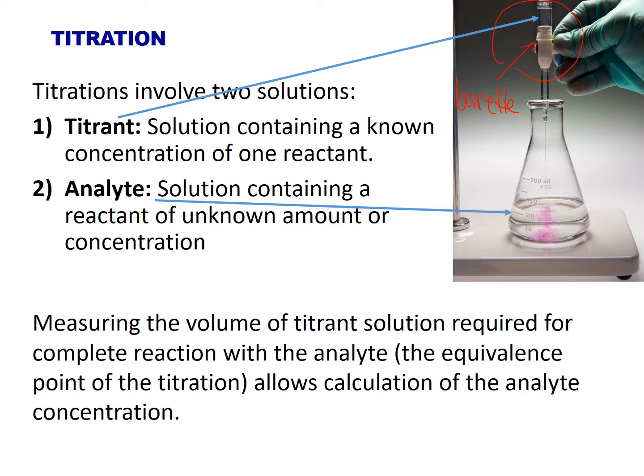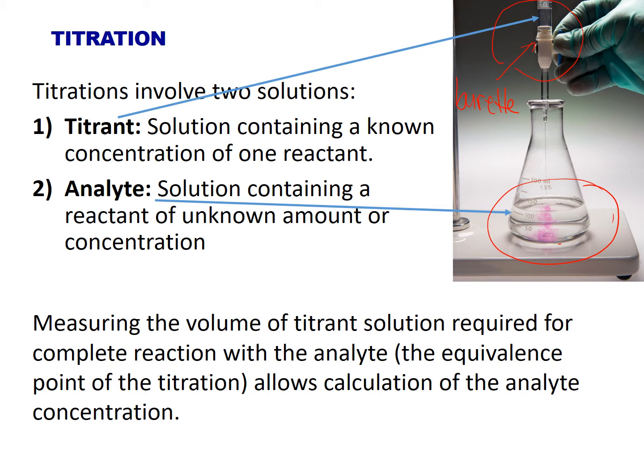Every time you have two solutions that are colorless, so here, while it's not shown, this is more likely a base that is colorless, and on the bottom you have an acid that is colorless. When two colorless solutions mix, often the outcome is going to be another colorless solution, which then does not give you a visual way of determining whether you were successful or not in completing the reaction.